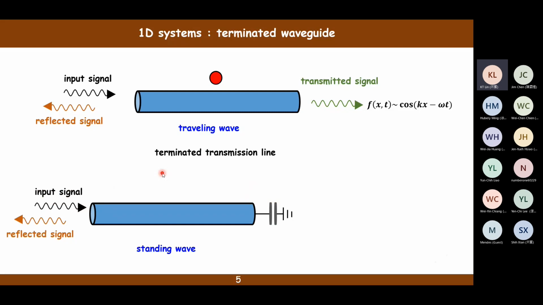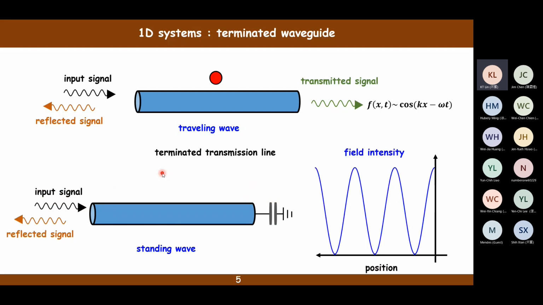If we draw the field intensity as a function of position, as you can see, it's truly a standing wave structure. So suppose now we have a qubit coupled to this terminated transmission line, then we can simply adjust the position of the atom to tune its coupling strength.